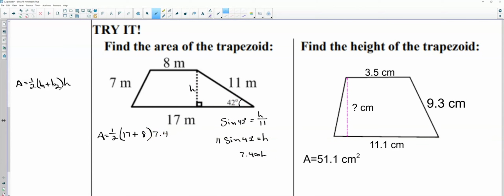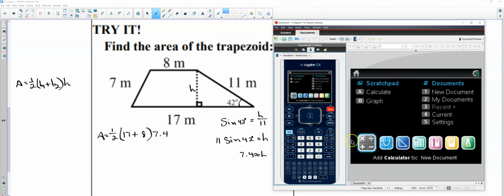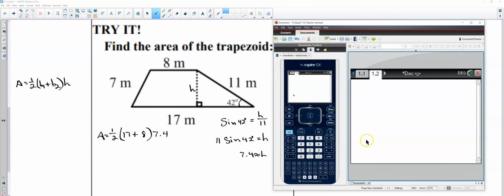We go to the calculator and we say, well, let's start with a new page so that we're good. All right, so we say 1/2 times parentheses 17 plus 8 close parentheses times 7.4.